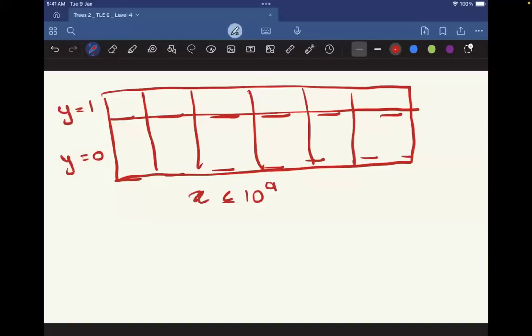And we need to find, let's say there is a point here, there is a point here, there is a point here, there is a point here, there is a point here. Okay, these are the points.